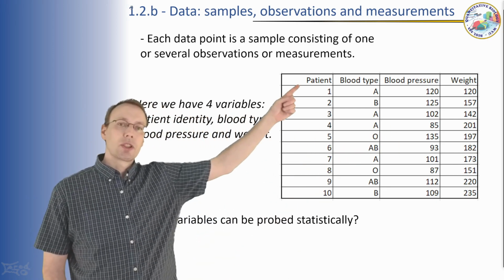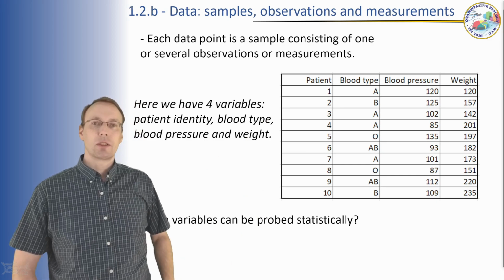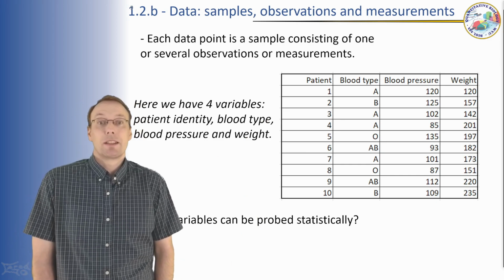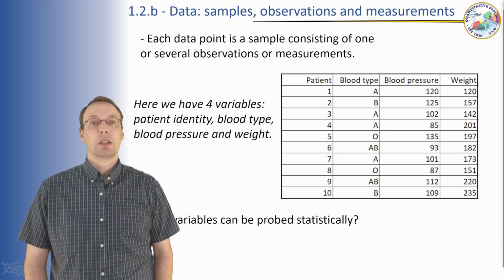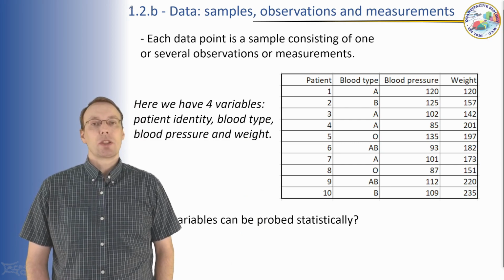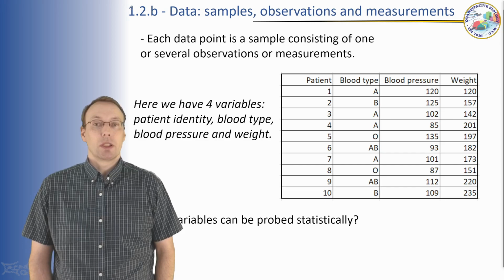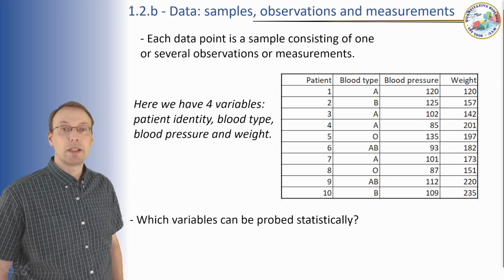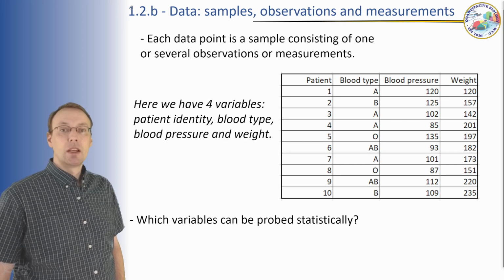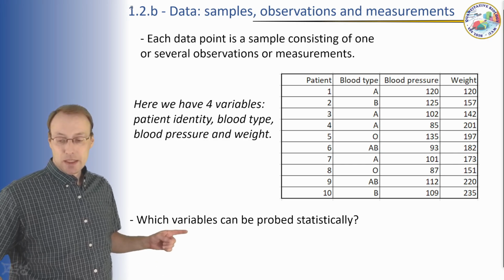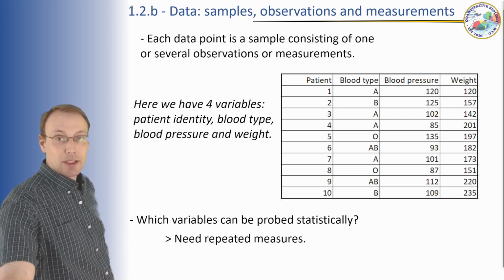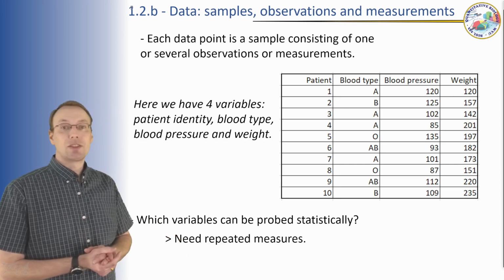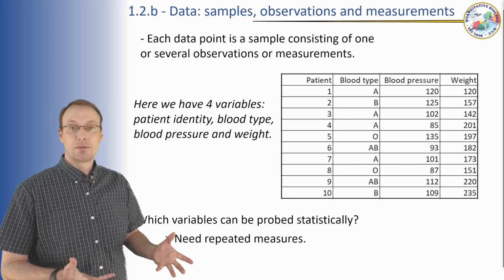Now, this first column here, you could consider it a variable. It's the patient number or identity. The question is whether this variable is going to be useful in making some kind of statistical analysis of your data set. And so the answer here is that to make some kind of statistical analysis, you need repeated measures, right?